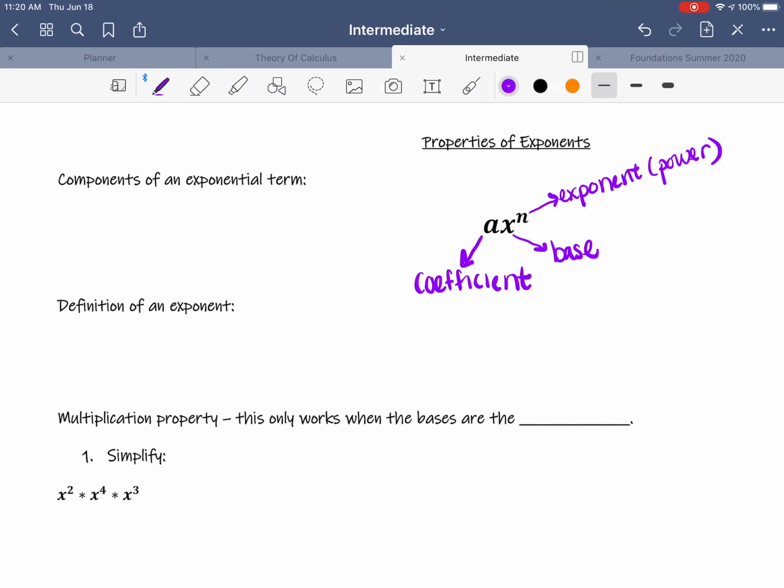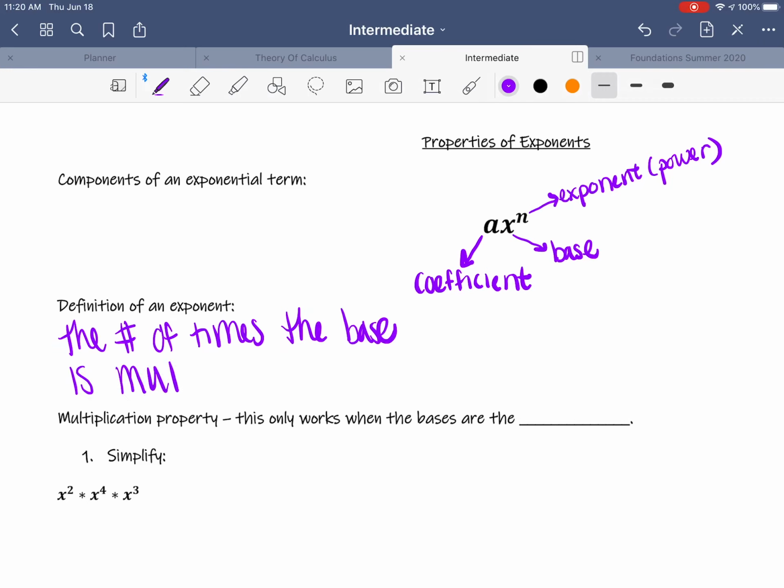The definition of an exponent is the number of times the base is multiplied. So n up here indicates the number of times that the base is multiplied, just the base.